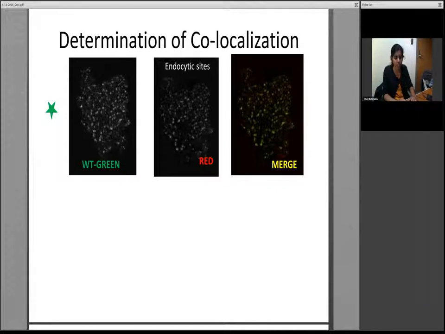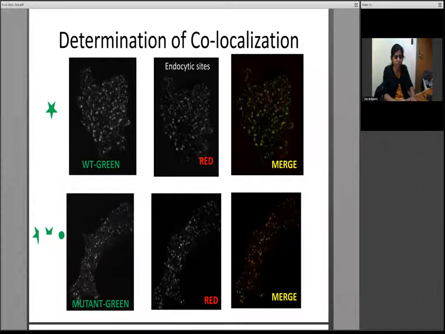However, if we go in and make mutations, what do these mutant proteins look like? Now this mutant protein has been expressed in a different cell, and you have the same marker that shows all the endocytic sites. In the merged image, we can clearly see that there are more red dots which are not occupied by green.